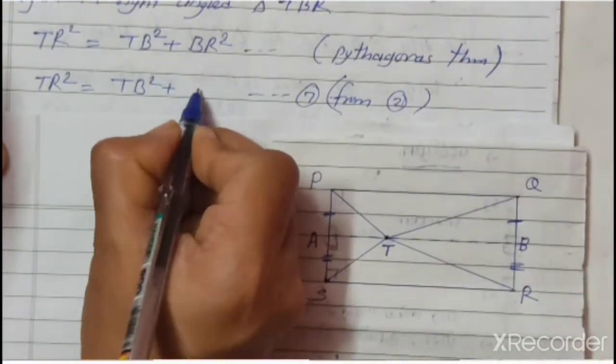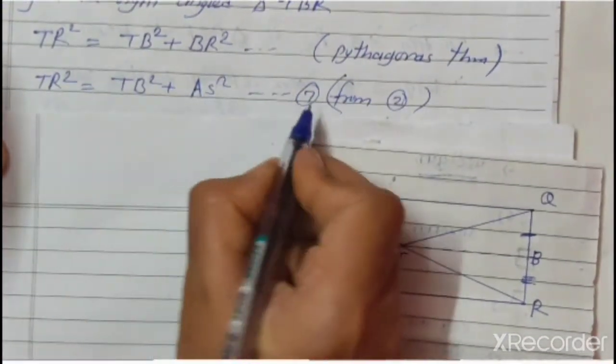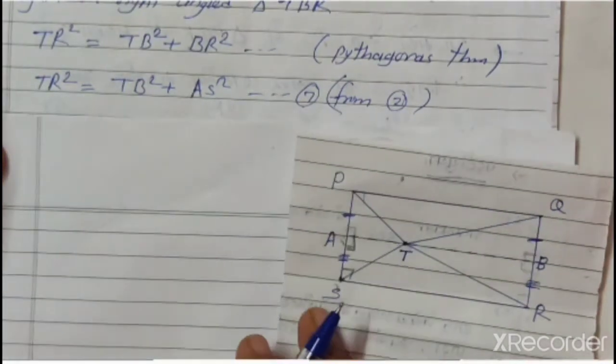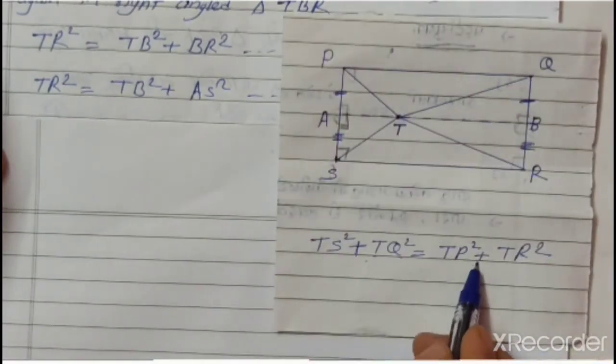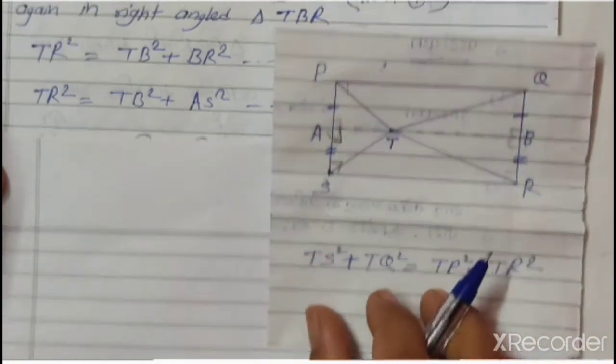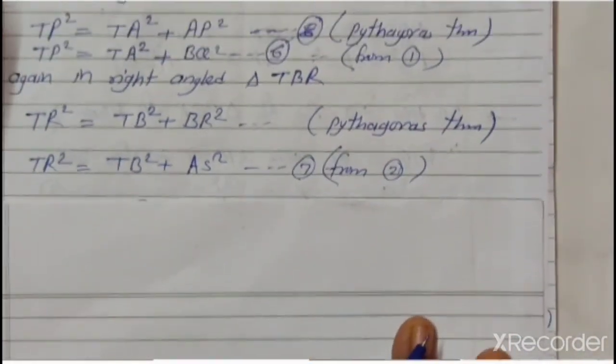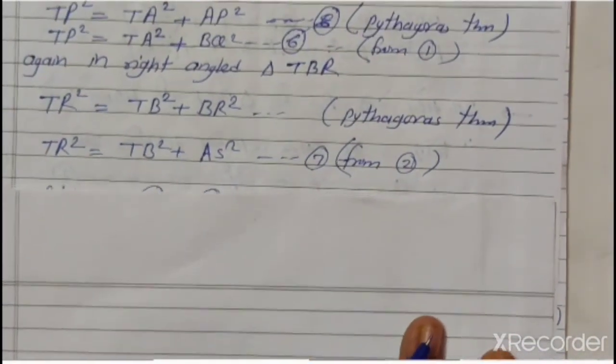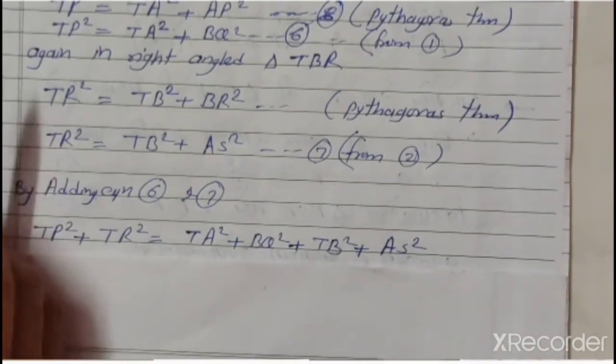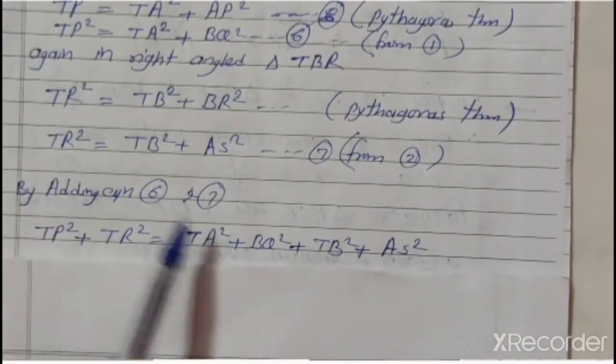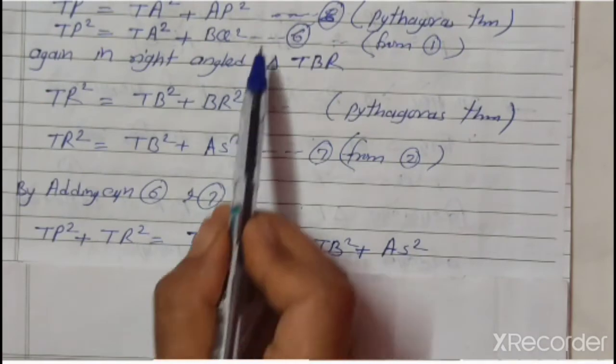So this is our AS square, equation number 7. Here we require addition. So I am adding equations 6 and 7. This is the addition of the right hand sides and this is the addition of the left hand sides.